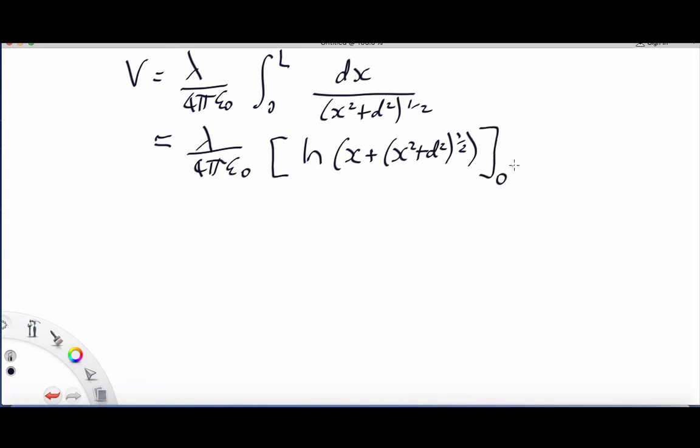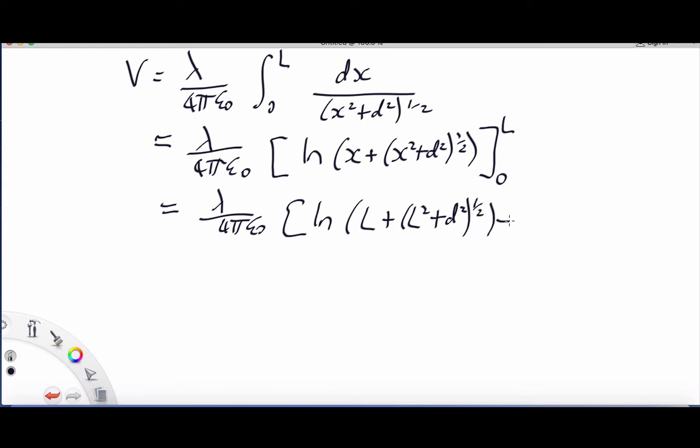And we evaluate it at L minus 0. So we now have lambda over 4 pi E naught, log of L plus (L squared plus d squared) to the half, minus log of d.